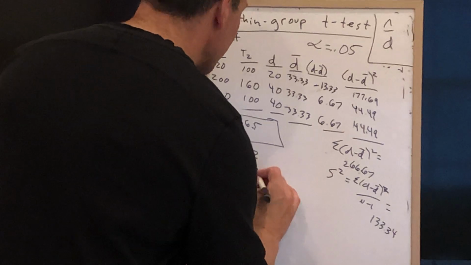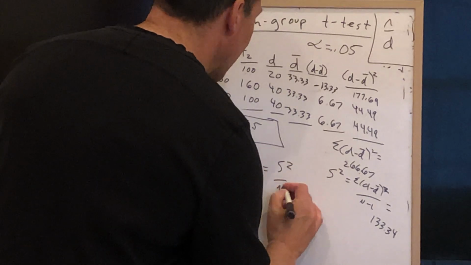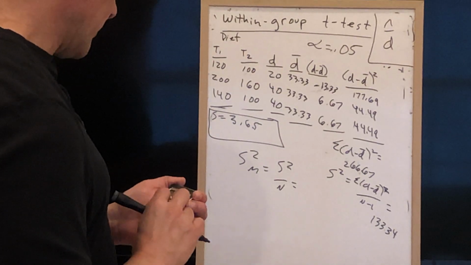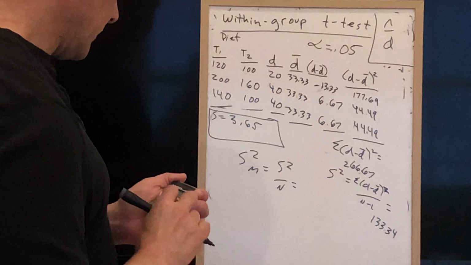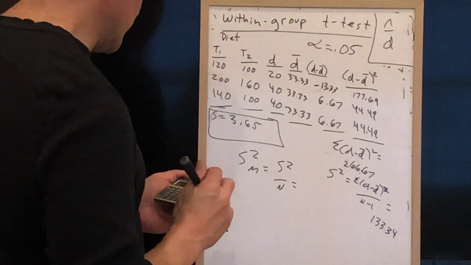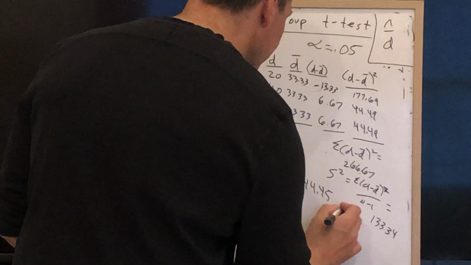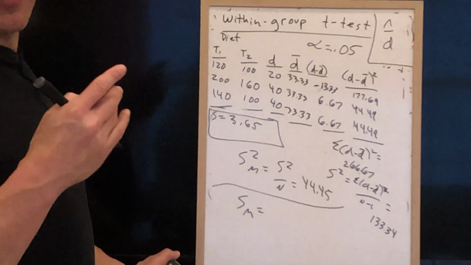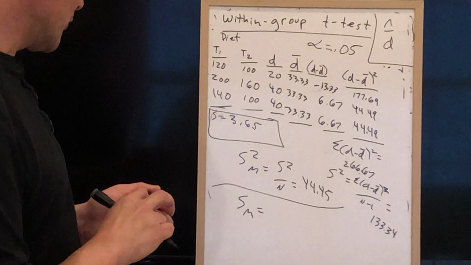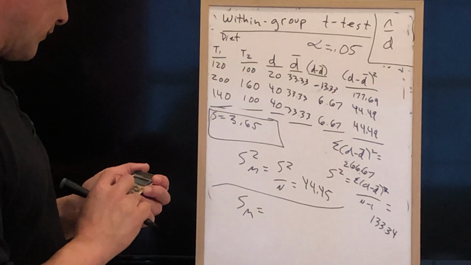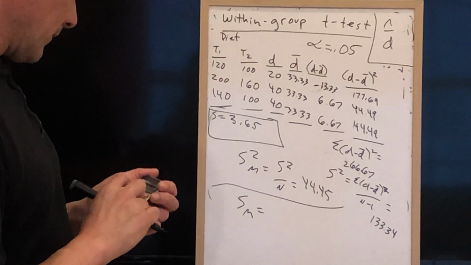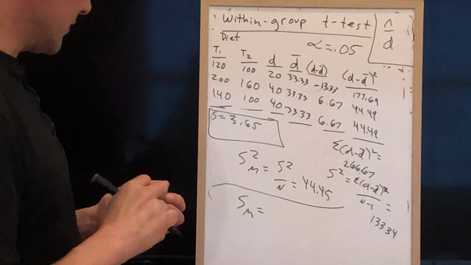Next, we're going to get S squared sub M, which equals S squared divided by n, which is 133.34 divided by 3, which is 44.45. And then finally, S sub M, which is the denominator for our t, is going to be the square root of S squared sub M, so the square root of 44.45 is 6.67.